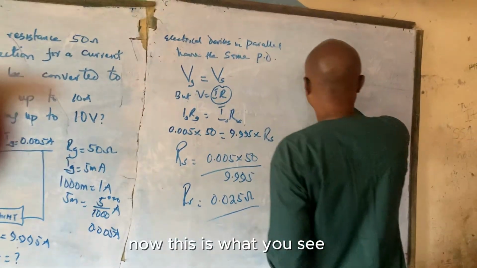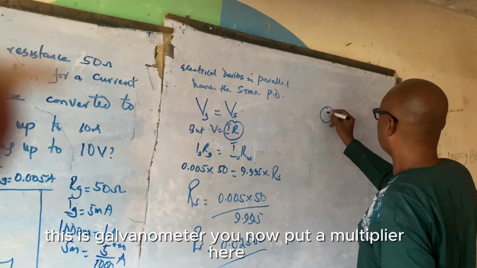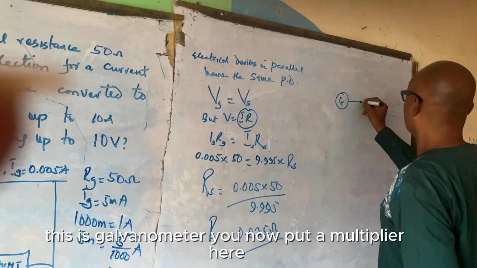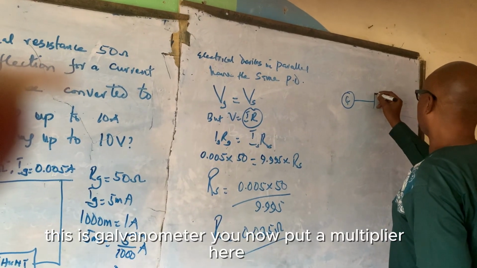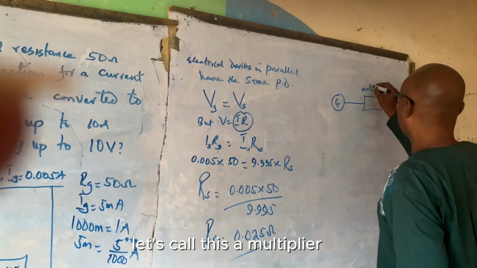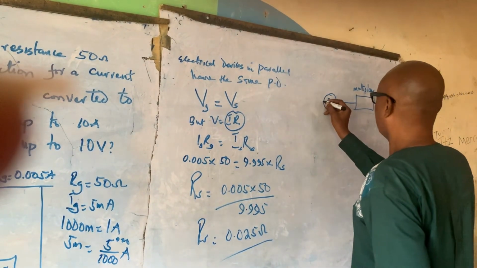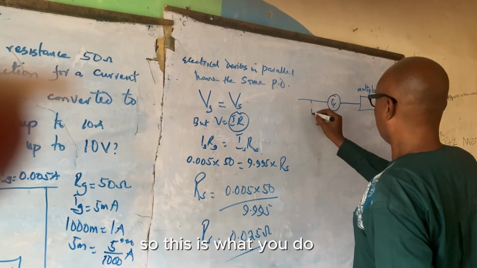Now, this is what you see. Let's say this is the galvanometer. You now put a multiplier here. So this is what you do.